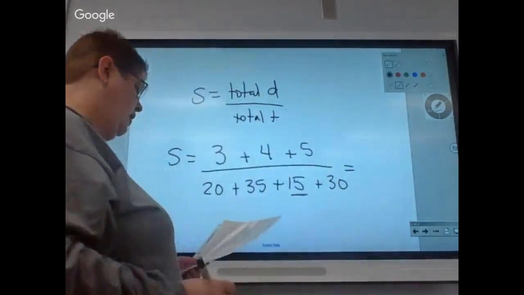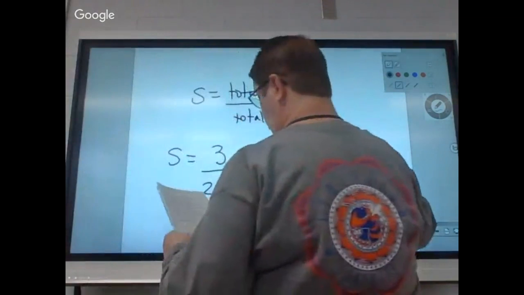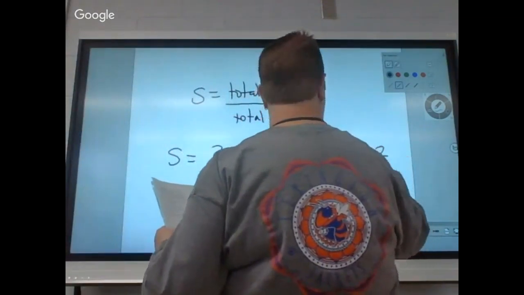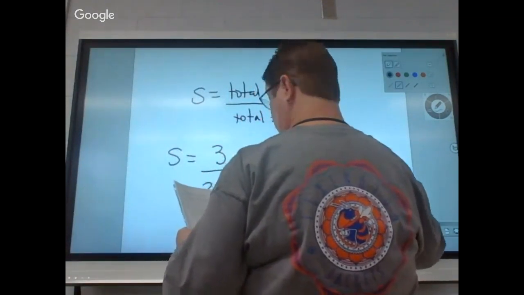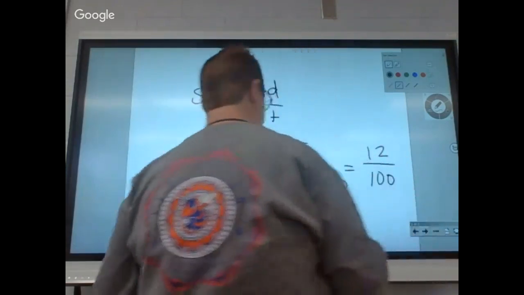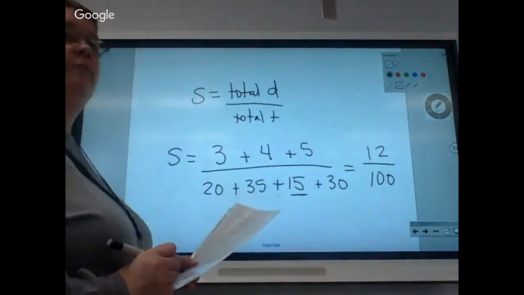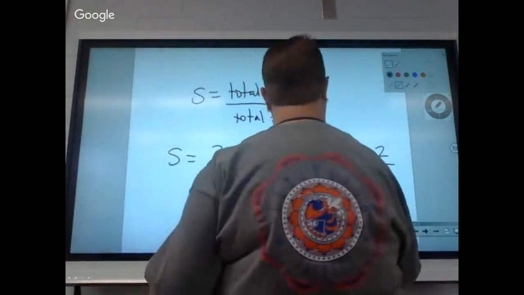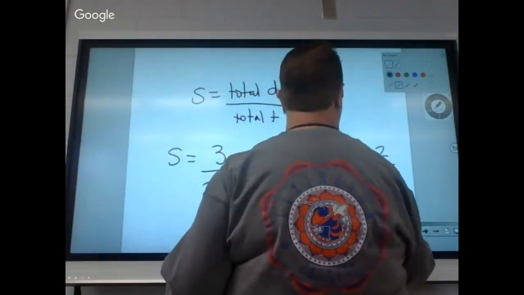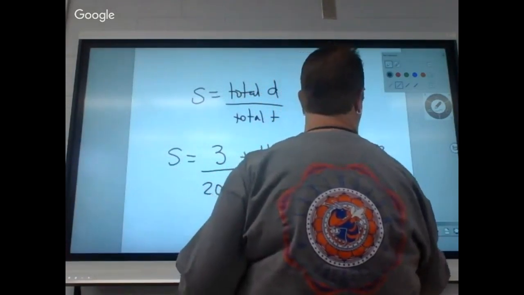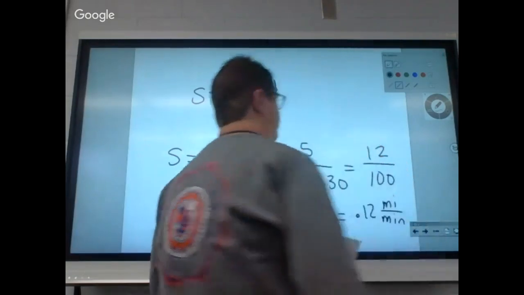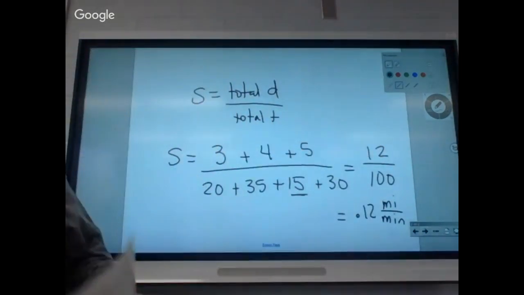So he did a total of 12 miles, and it took him 100 minutes to do it. So his speed was 0.12 miles per minute. Does that make sense?